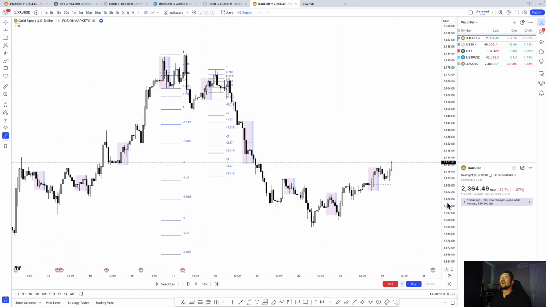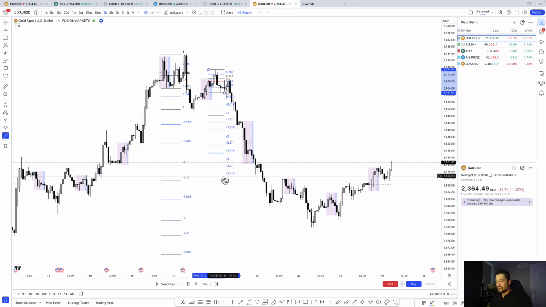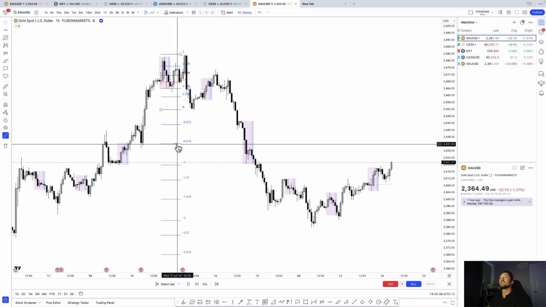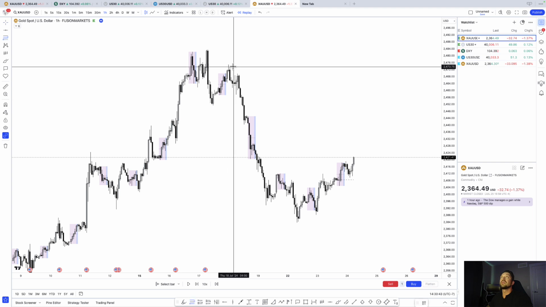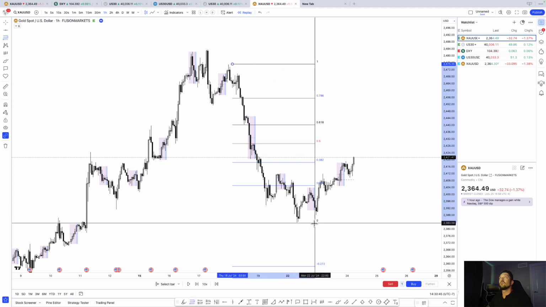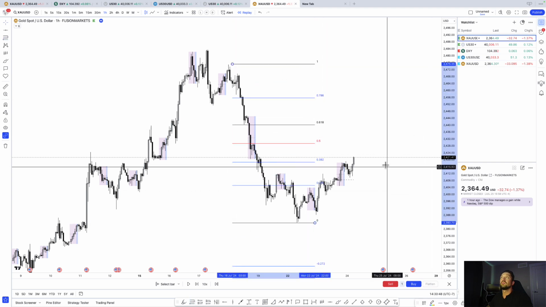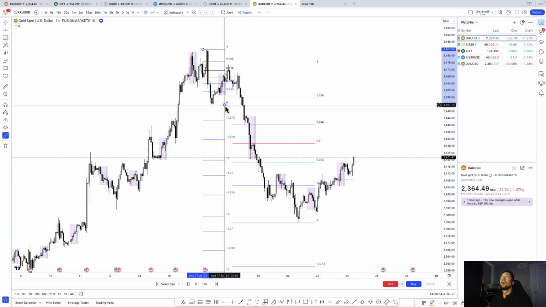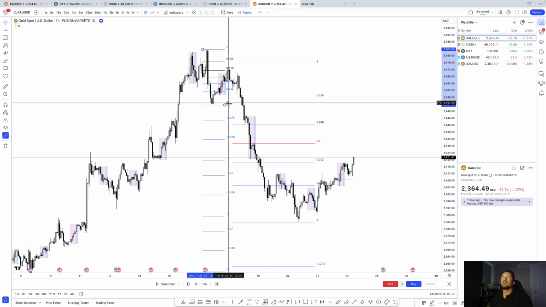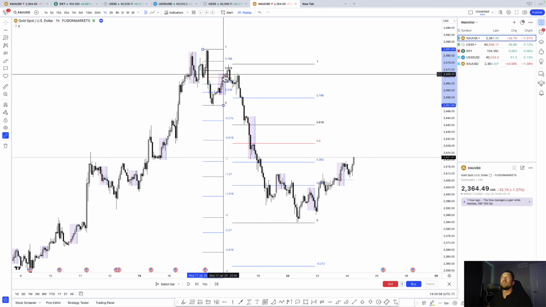Now this works a couple of ways. Obviously there's different uses for the fib. For me, the next thing I care about is rebalancing this whole big range. The reason I'm looking at a rebalance is because our initial range rebalanced. When gold's truly trending, it does not rebalance. It doesn't come back to the 50.